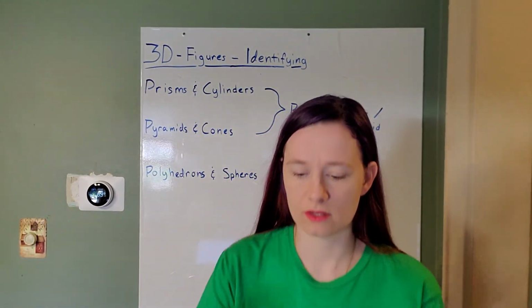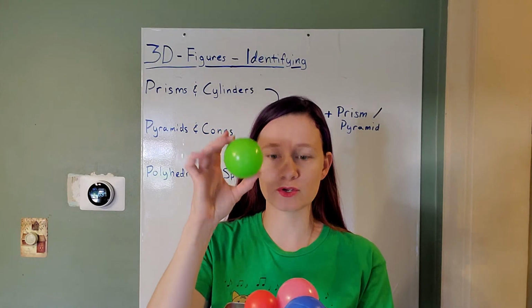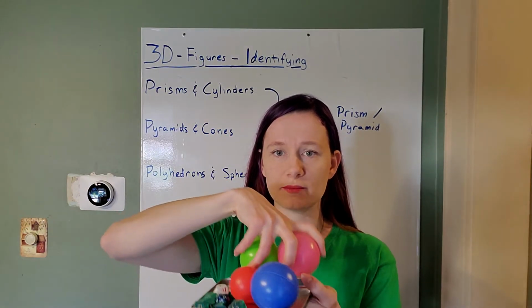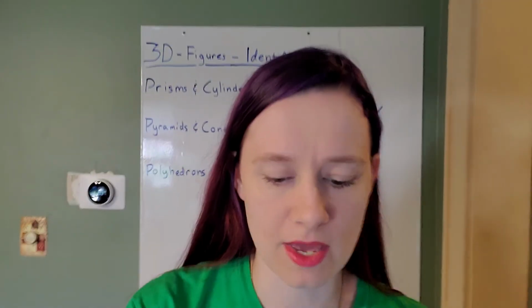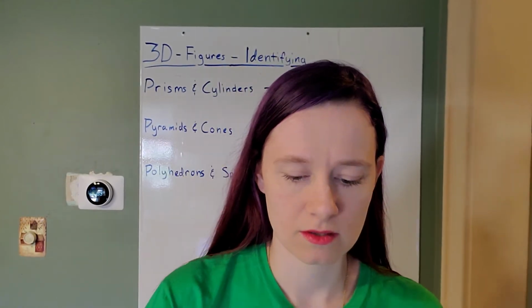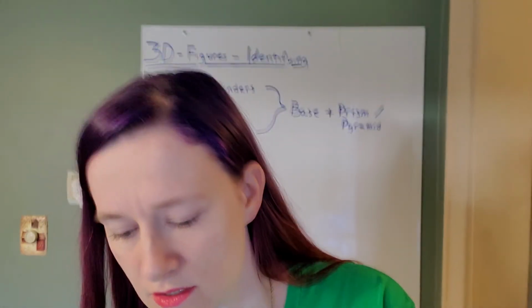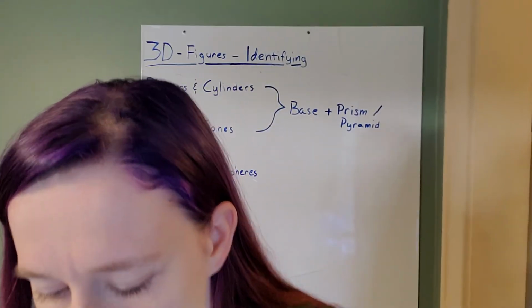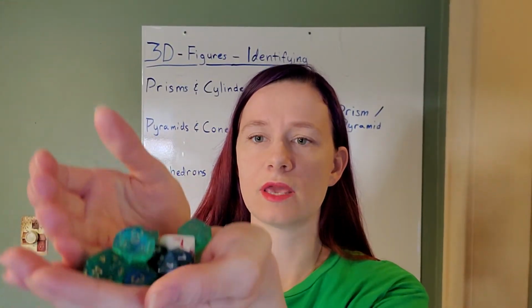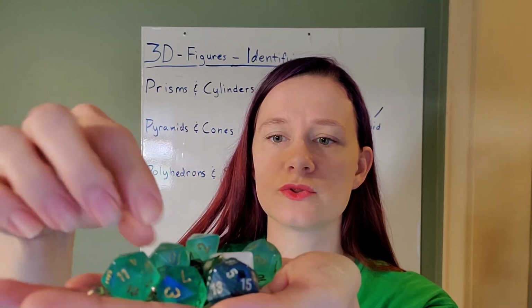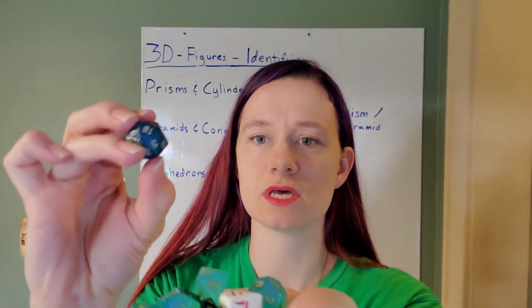So I think everybody knows what a sphere looks like. I got my daughter's little ball pit balls. And then polyhedrons are like these little guys. Here, my little gaming dice collection. So these are all polyhedrons. This is a D20.